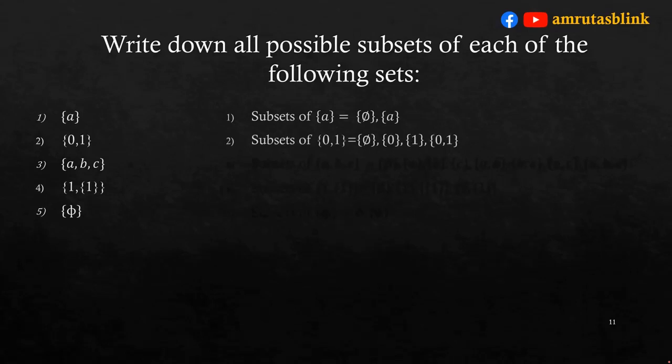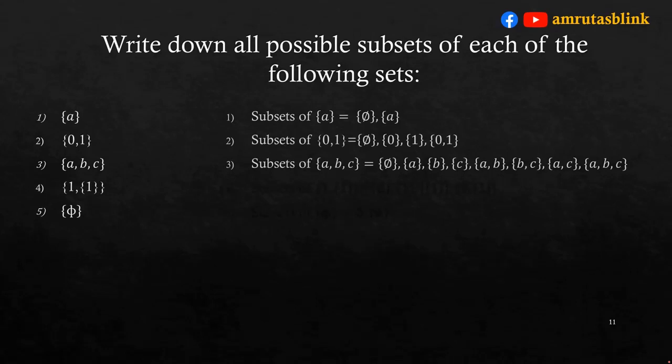Second question, {0, 1}. So we can have first of all empty set, then singleton sets {0} and {1}, and the given set as it is, that is {0, 1}. So in all we have 4 subsets.